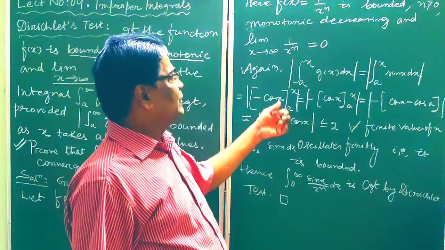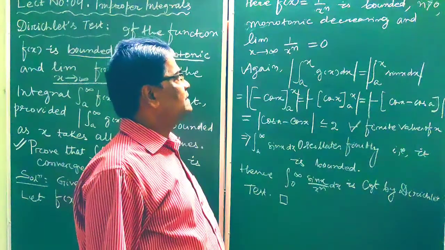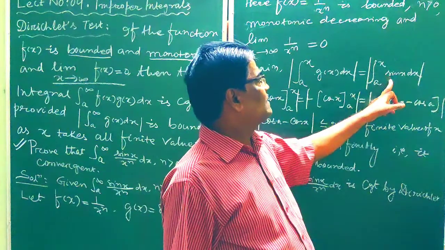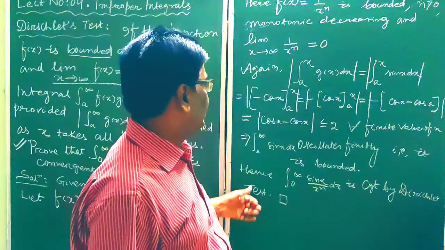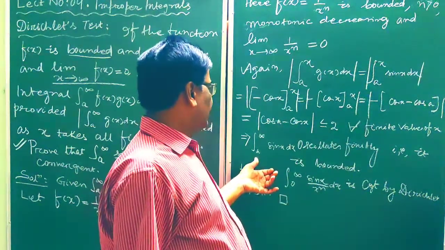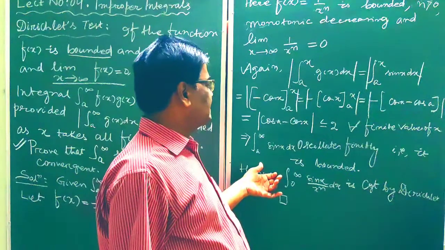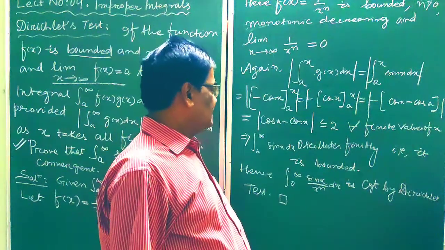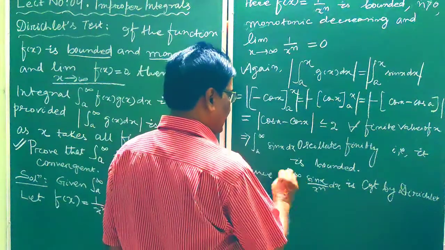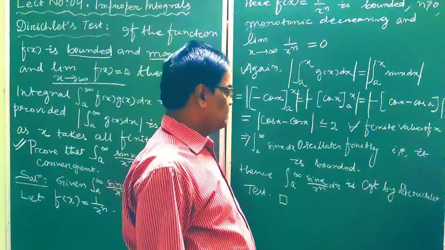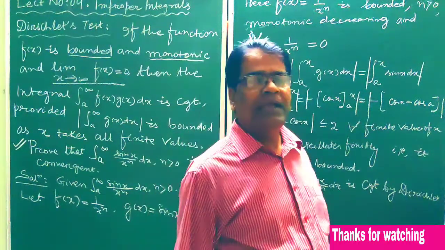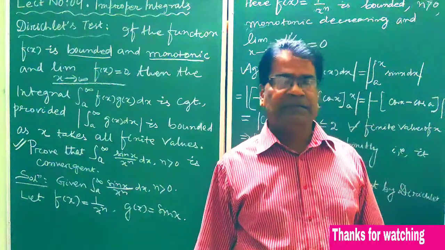Now we started with the absolute value of the integral from a to x of g(x) dx, which is the absolute value of the integral from a to x of sin x dx, and we get it less than or equal to 2 for all finite values of x. It means the integral from a to infinity of sin x dx oscillates finitely, that is, it is bounded. Hence, the integral from a to infinity of sin x by x to the power n dx is convergent by the Dirichlet test.